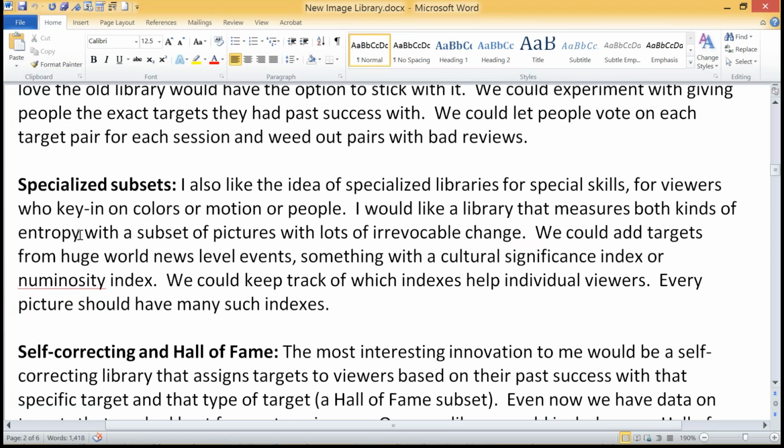If entropy is important, then we could have a subset of pictures with lots of irrevocable change in it, assuming that's one way to describe entropy. And if some people are really good at that, I actually don't think everybody is. When I looked at that, I got that aircraft carrier target, and for me, picking up on nuclear stuff is not that important.